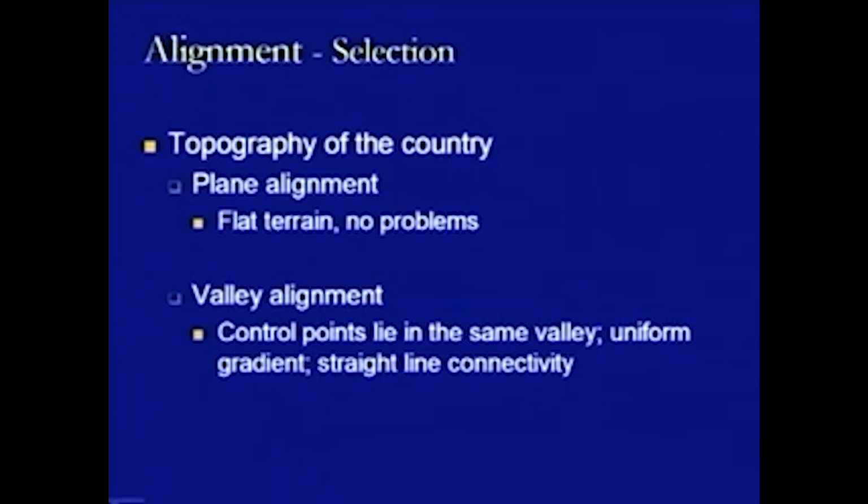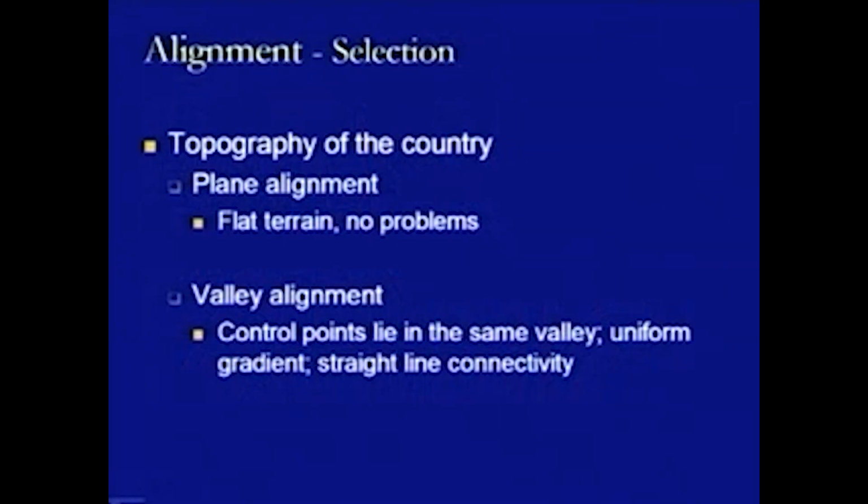The very first one is the plane alignment, where flat terrain is provided. Flat terrain means the undulations remain more or less within a value of something like 10%, and in such cases there is no problem at all.